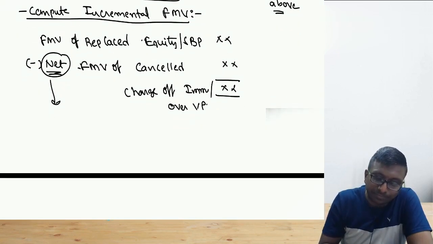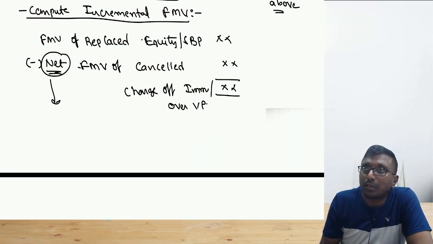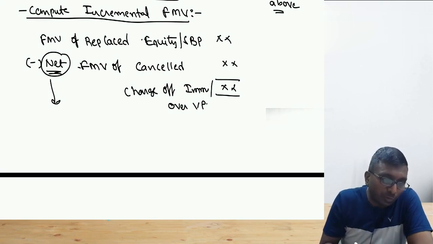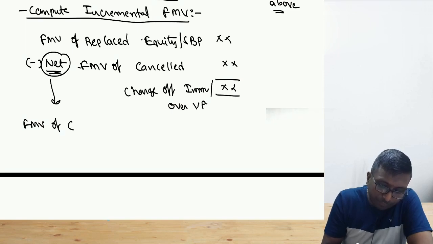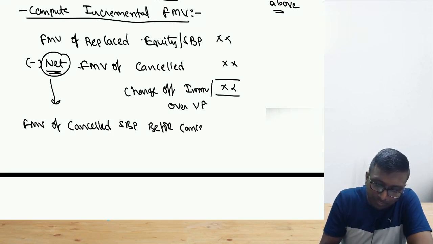Net means fair value of cancelled SBP before cancellation, some number, minus cash paid to employee.